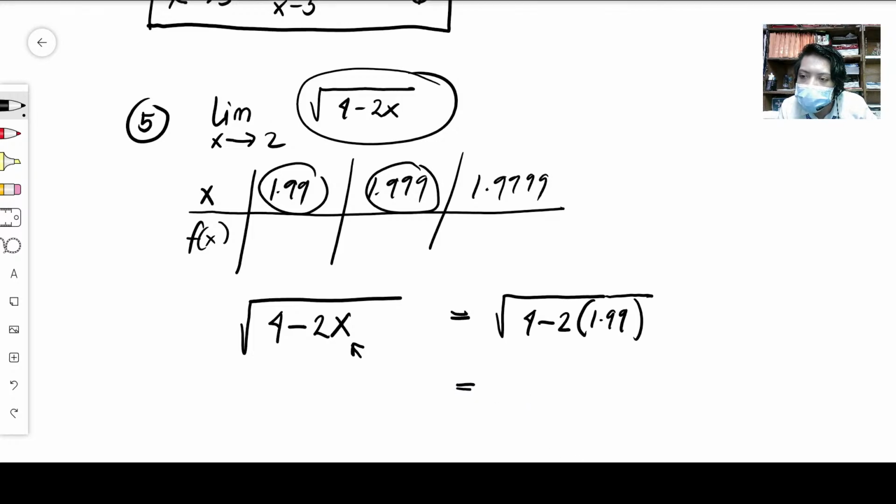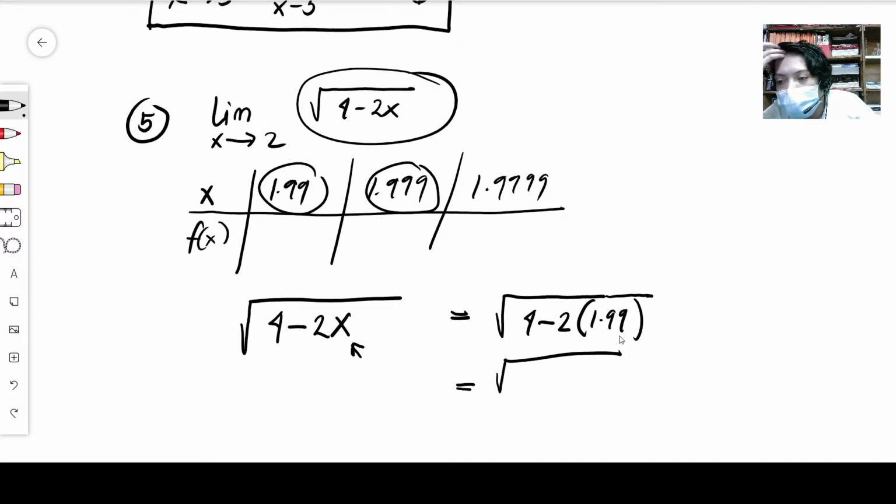Let us try to evaluate. 4 minus 2 times 1.99. 2 times 1.99 is 3.98, so this is equal to 4.